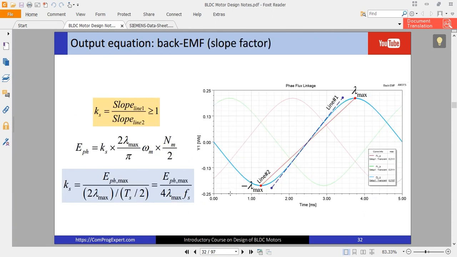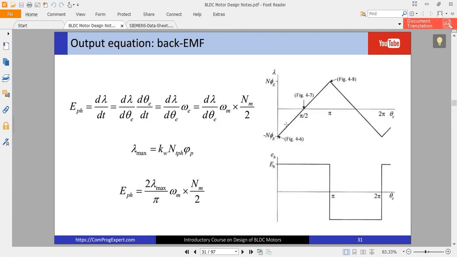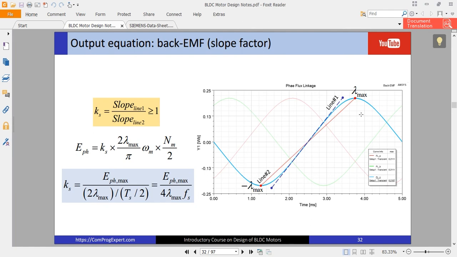But we should correct the phase back EMF equation, because as I said, this is for the ideal case when we don't have magnetic saturation. But in the real case, we have saturation and we don't have a sharp edge.